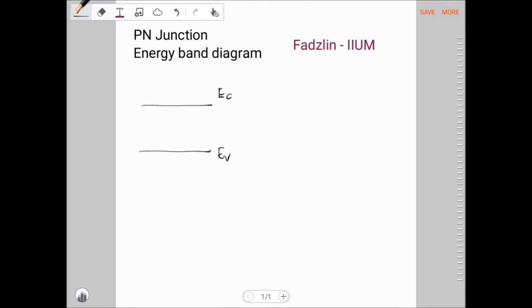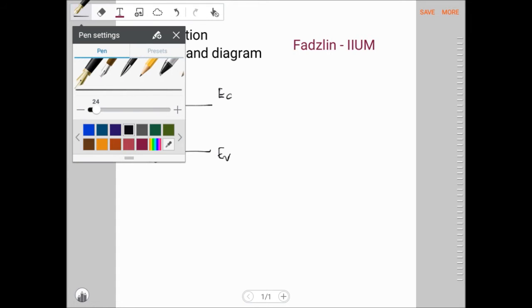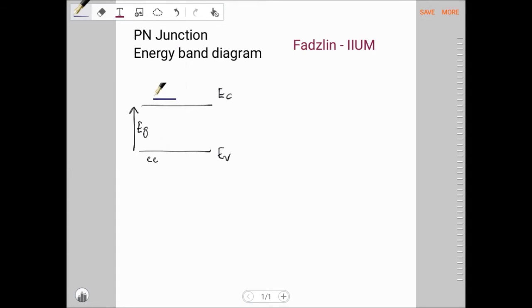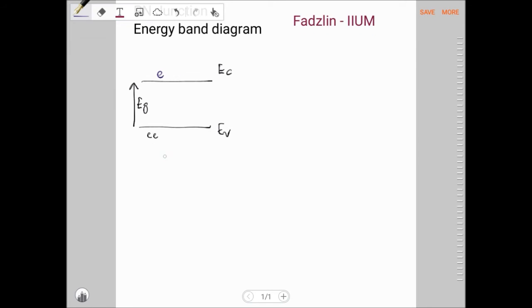The minimum energy required for a bound electron to become free is the band gap, so the electron needs to gain energy equal to or greater than the band gap to get to the conduction band.